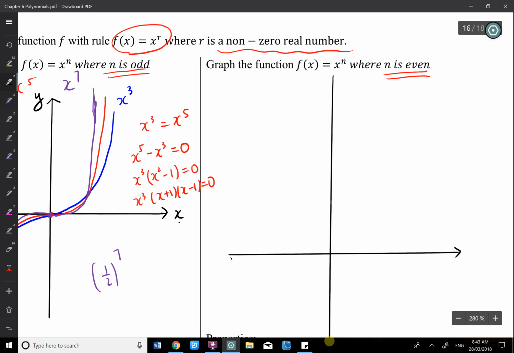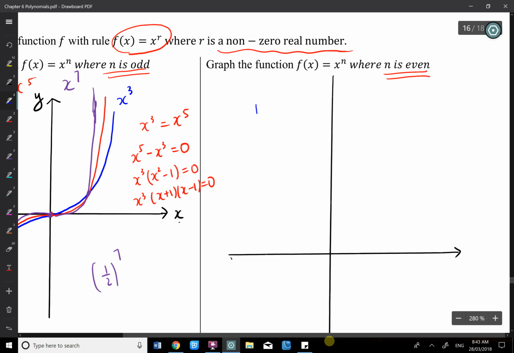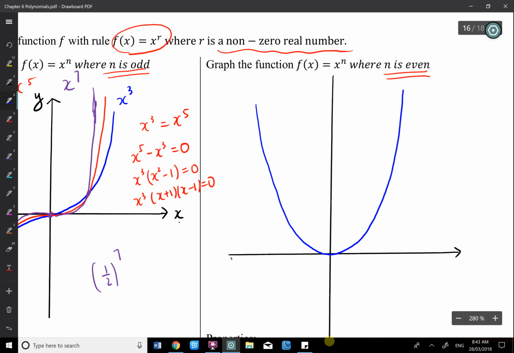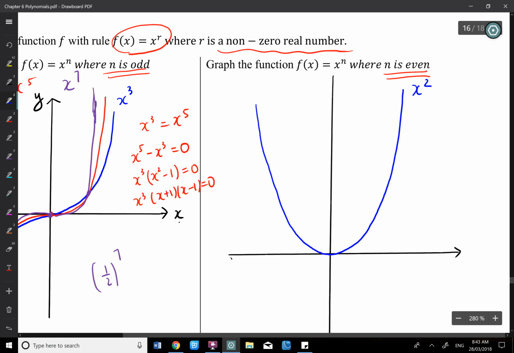So if we sketch, that's x to the power of 2. So 1, 1, negative 1, 1 will be the intersection because the power is an even number.